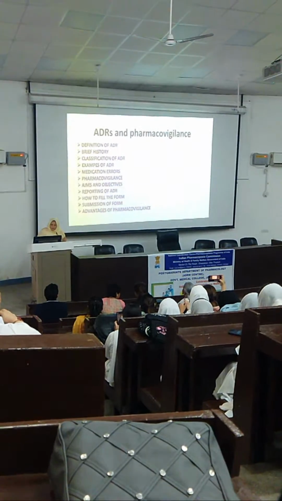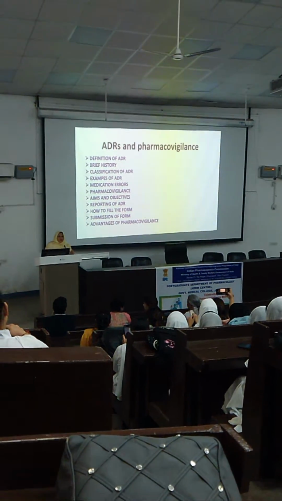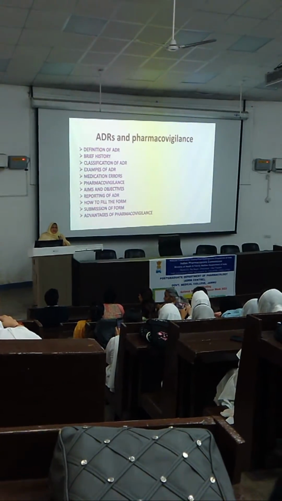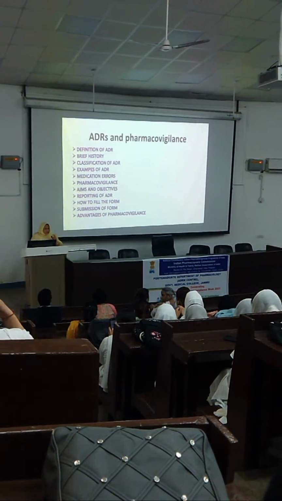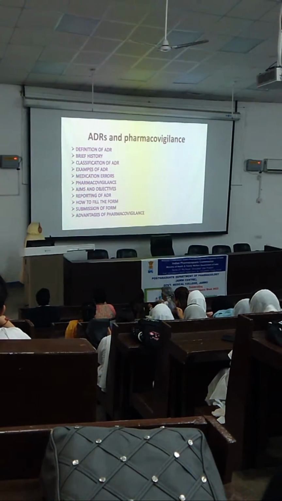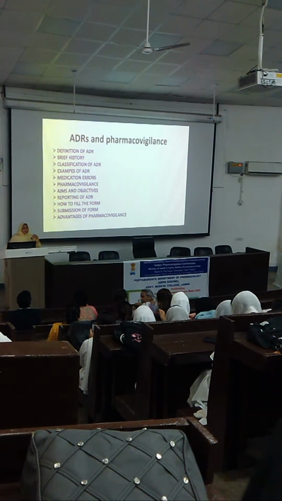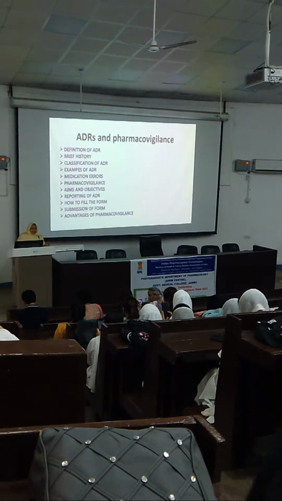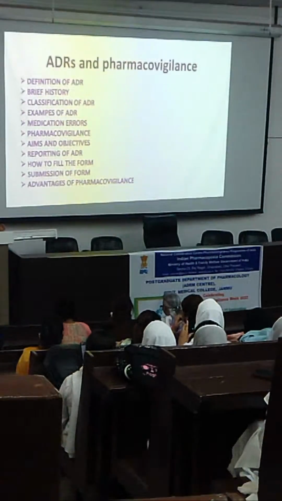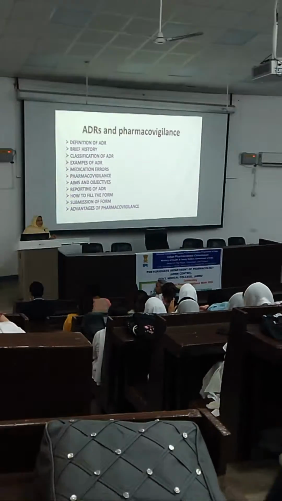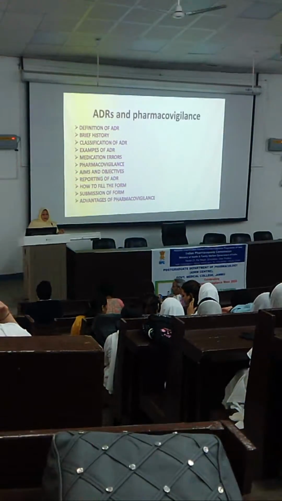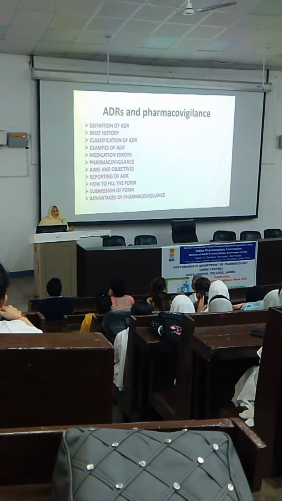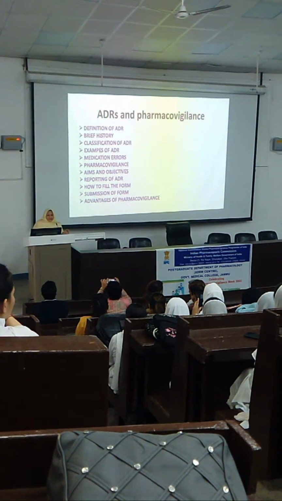So what are the learning objectives in ADRs and pharmacovigilance? I am going to cover under this: what is the definition of ADR, a brief history about the adverse drug reactions, classification of ADR, then some examples of ADRs, medication errors by the nursing and the paramedical students or healthcare professionals, you can say.